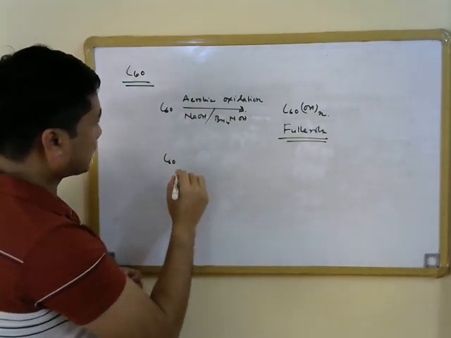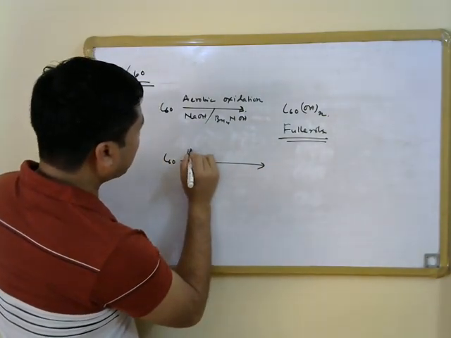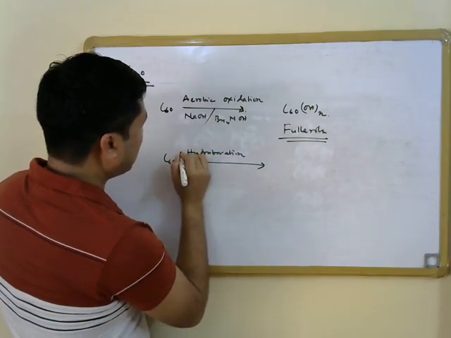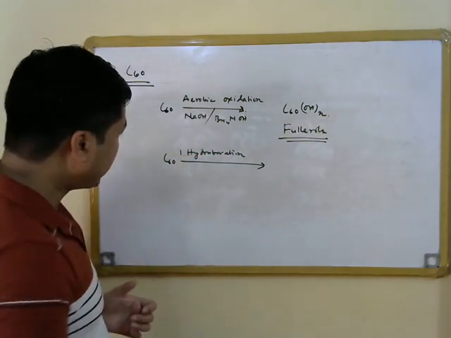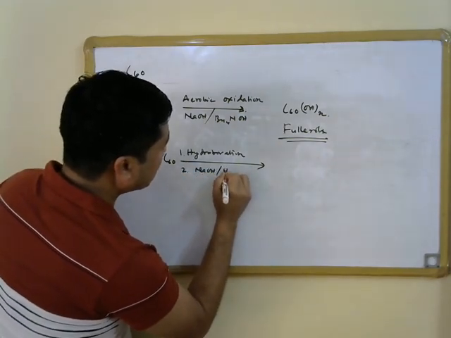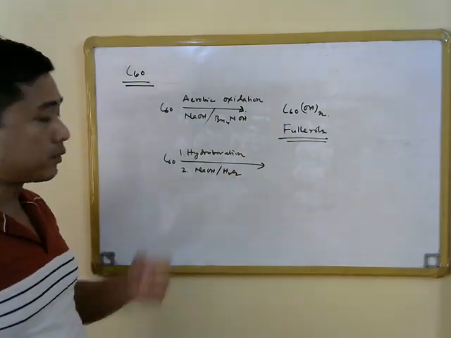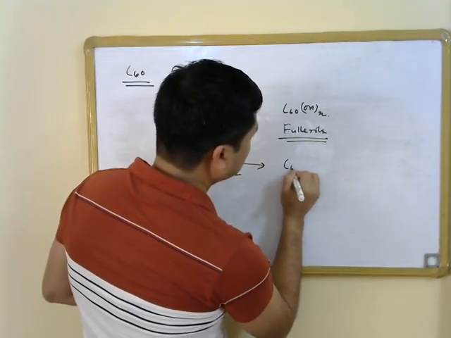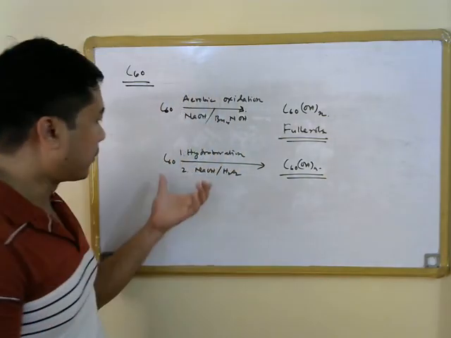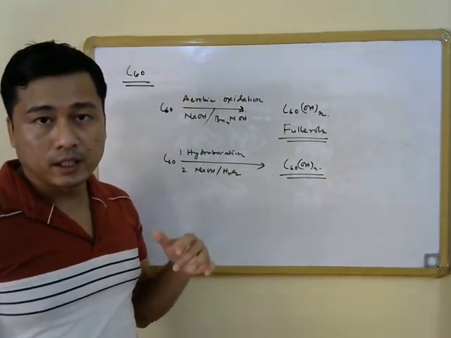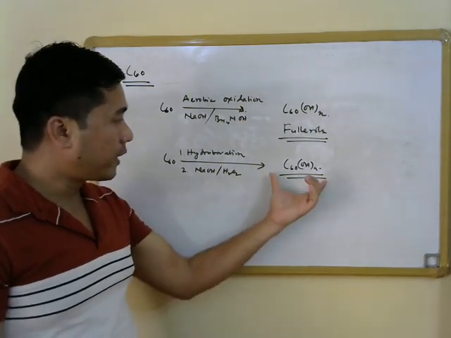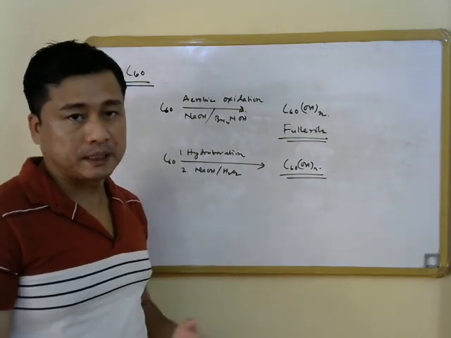If we do hydroboration, that is treatment with B2H6, and in the second step treat with sodium hydroxide and hydrogen peroxide, then we will again end up with fullerols, because we will be hydroxylating the double bonds present in the fullerene molecule, and we end up with polyhydroxylated fullerenes.